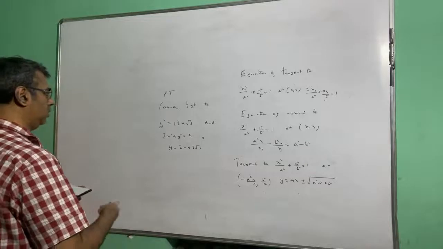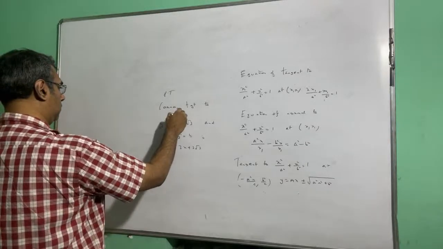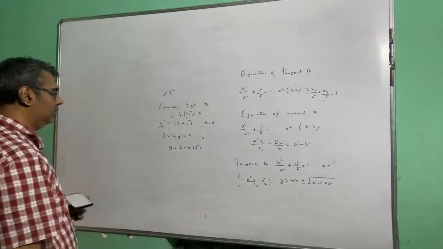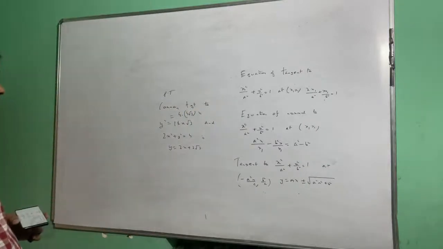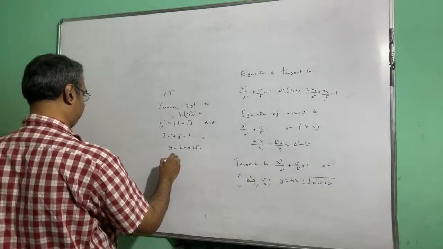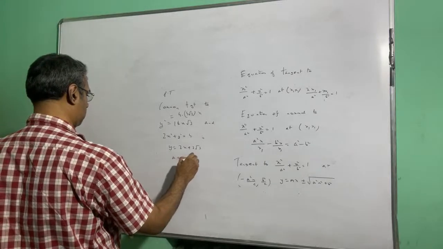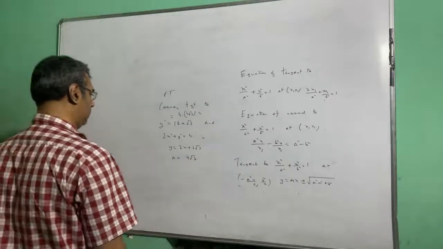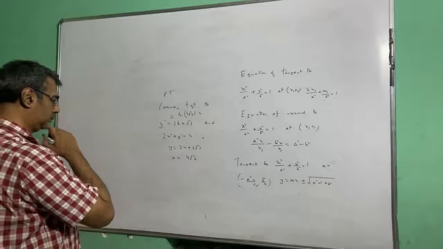So what we will do is, the parabola, we will write it like this: 4 into 4 root 3 into x. So a will be 4 root 3.